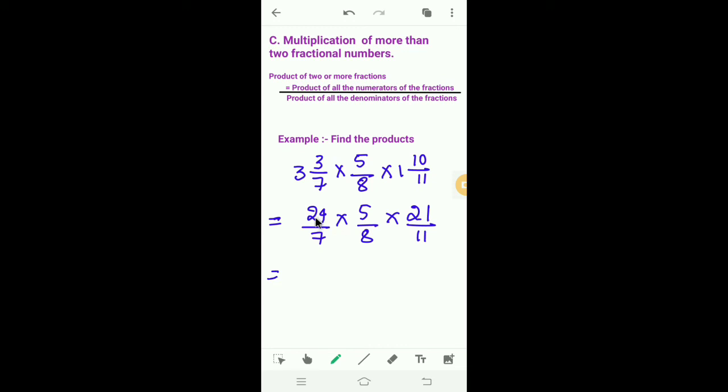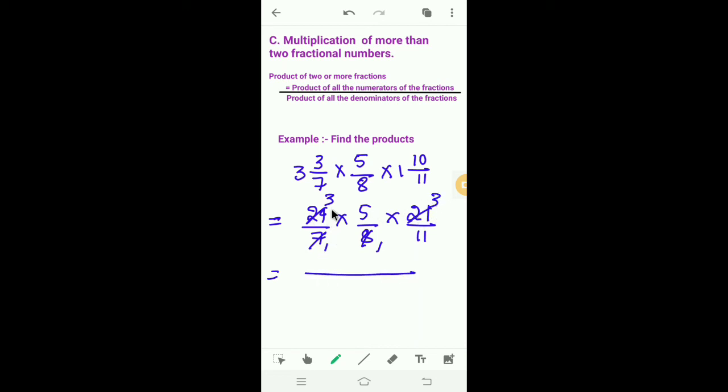Here 24 is divisible by 8. 8 ones are 8, 8 threes are 24. Here 21 is divisible by 7. 7 ones are 7, 7 threes are 21.